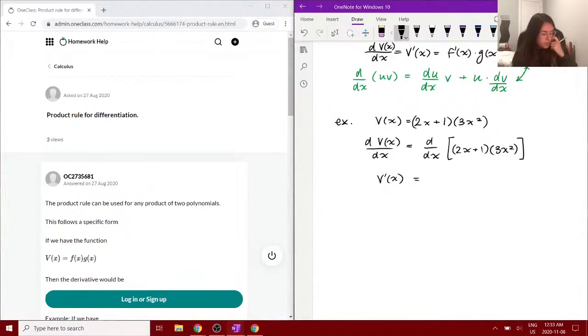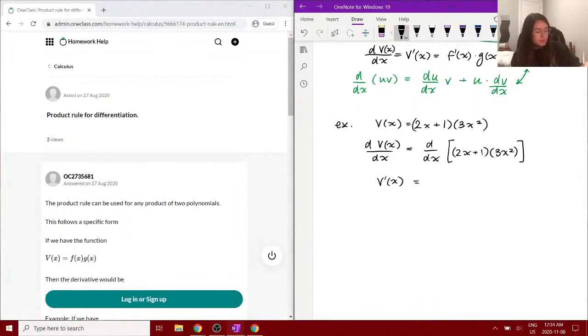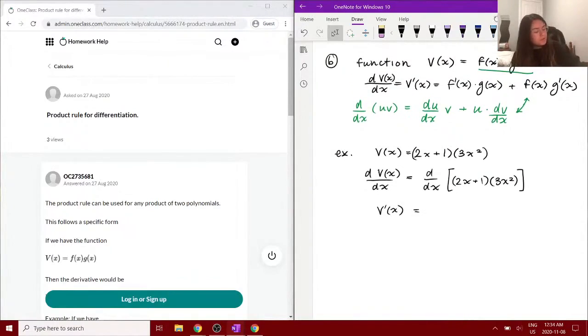Let's take the derivative using the product rule, okay? Remember, the product rule states that you take the derivative of the first term. In this case, I'm taking the derivative of 2x plus 1 first. The derivative of 2x plus 1 is just 2, because remember, 1 is a constant, so that would give 0. So you can just say 2.